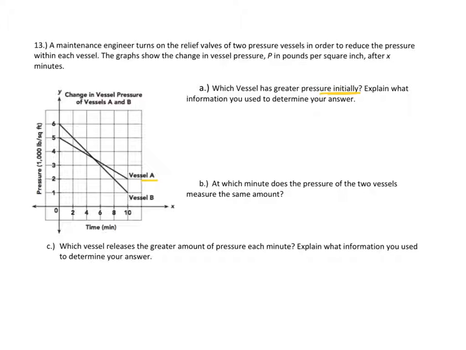So if I trail up vessel A, you can see that it begins at 5. So A begins at 5, and I used the y-intercept. So vessel B then begins at 6.